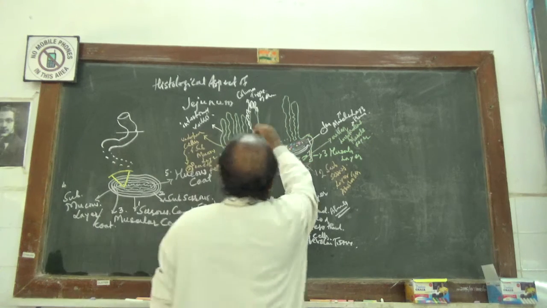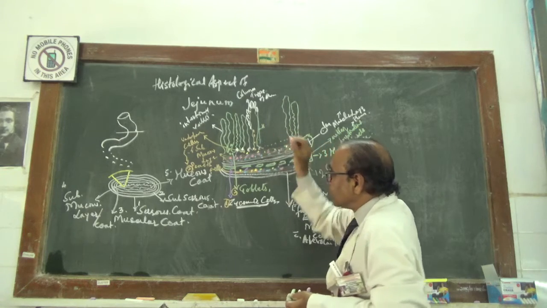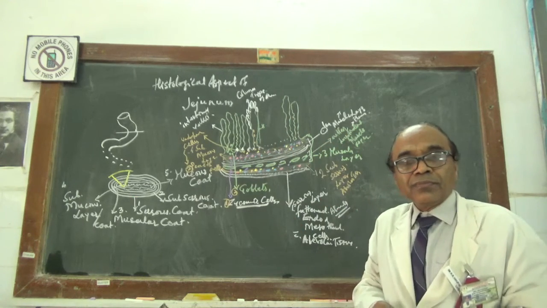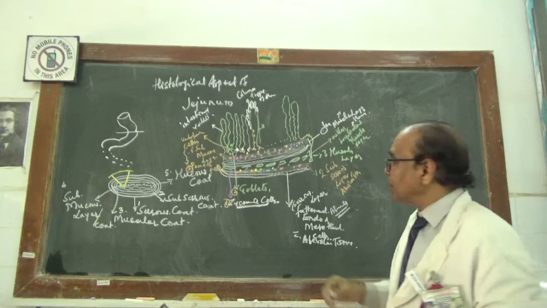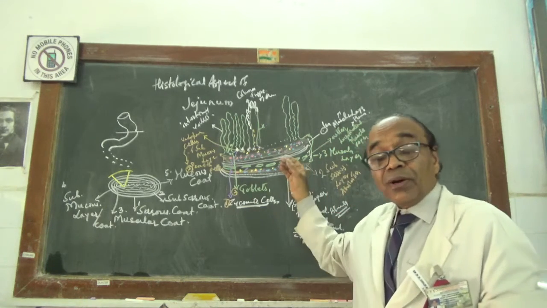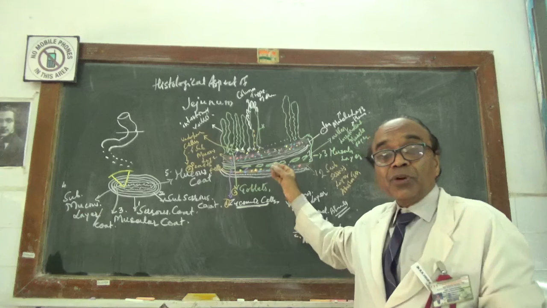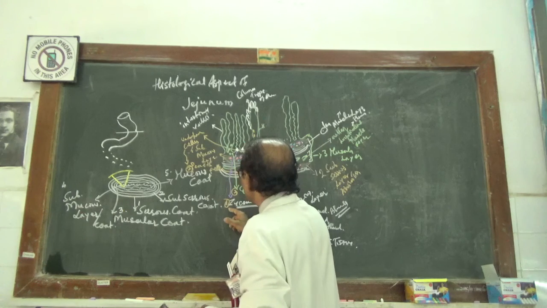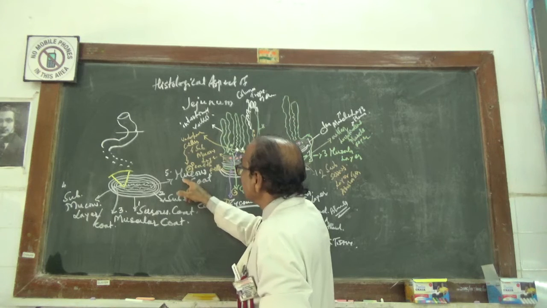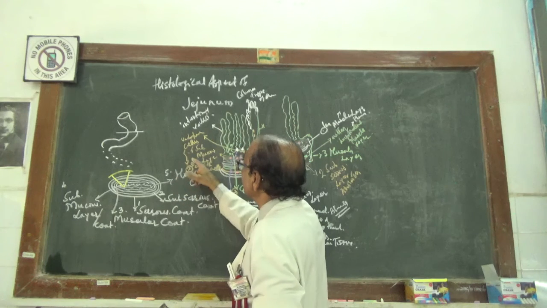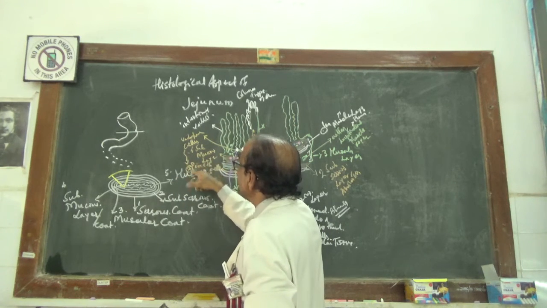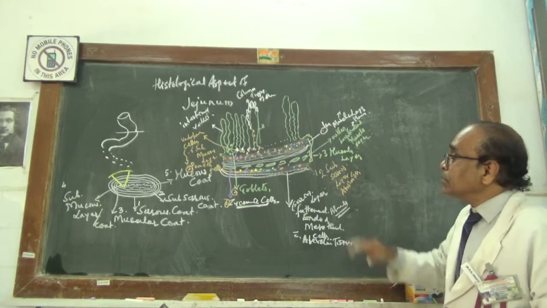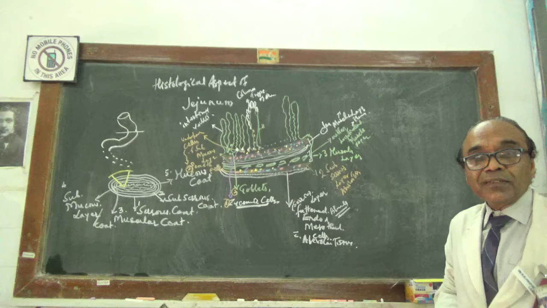Then the other cells which are there at the bottom are said to be the basket cells. Now these are the mucus type of cells. These are all cells: zymogenic, goblet, mucous cells, mucoidal cells and the undifferentiated cells. These are called the intestinal glands.